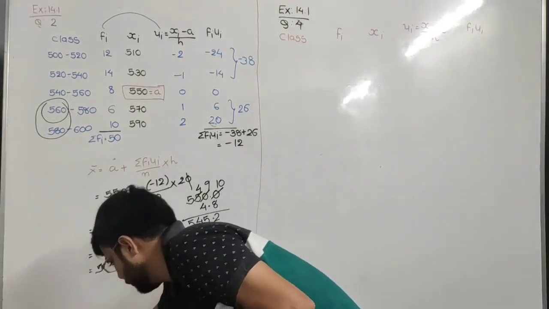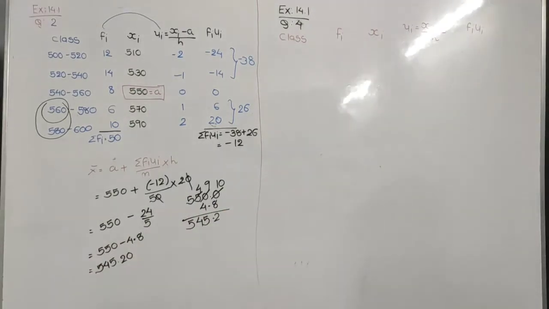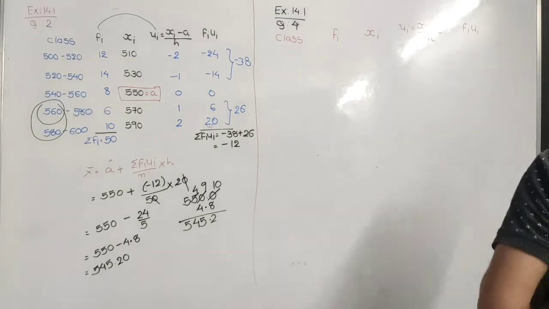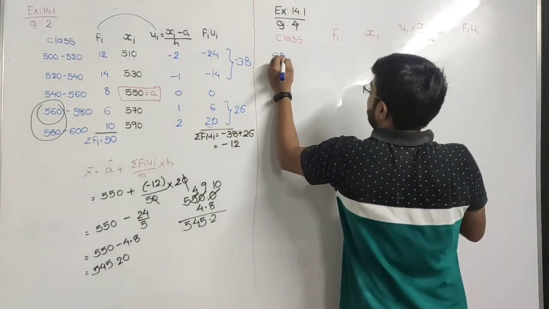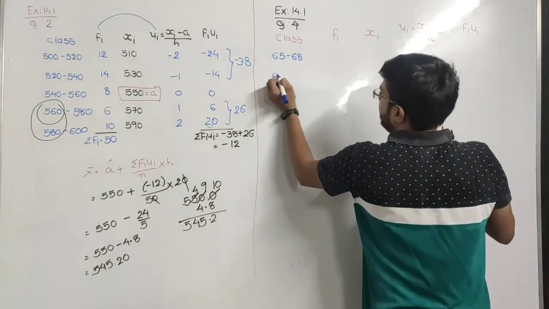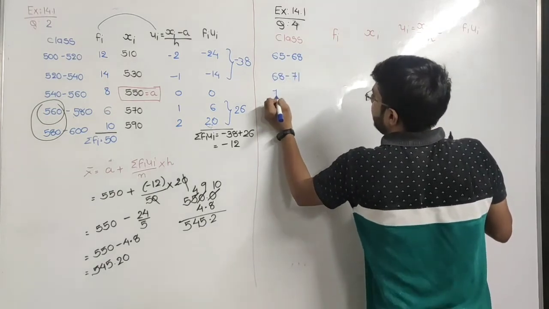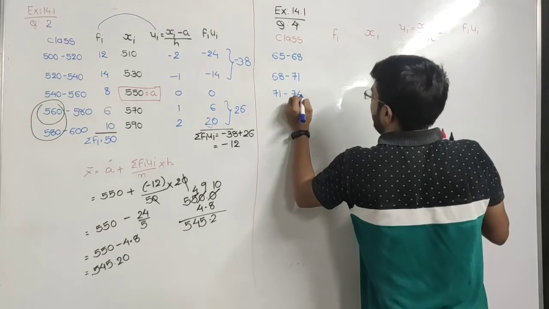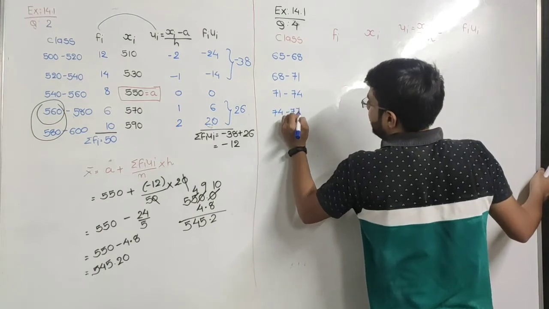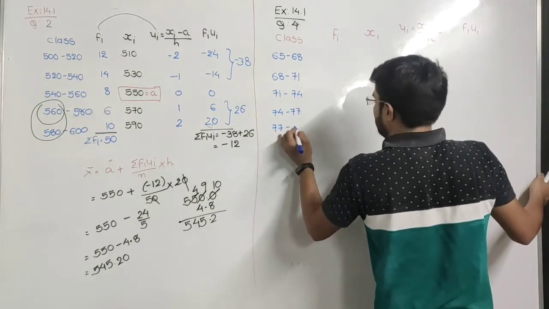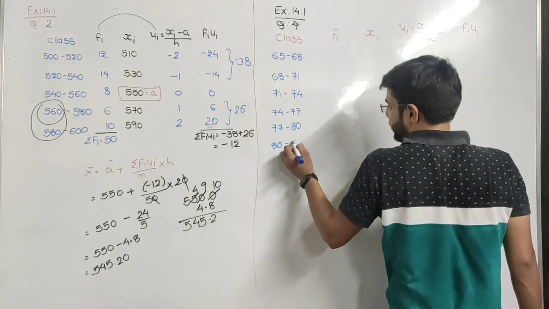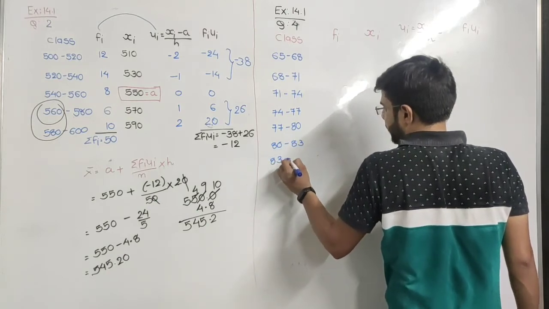Now the question: the classes are 65 to 68, 68 to 71, 71 to 74, 74 to 77, 77 to 80, 80 to 83, and 83 to 86.